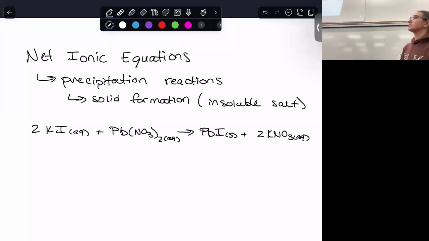So you have potassium iodide and lead nitrate in an aqueous solution, forming lead iodide solid and potassium nitrate still remaining aqueous. All right, so this is our overall chemical equation.